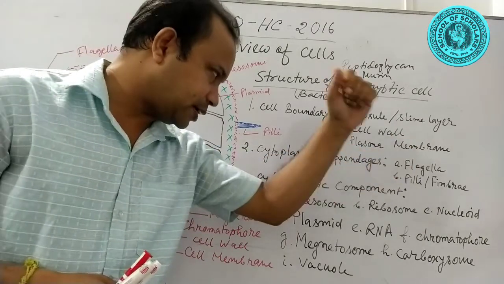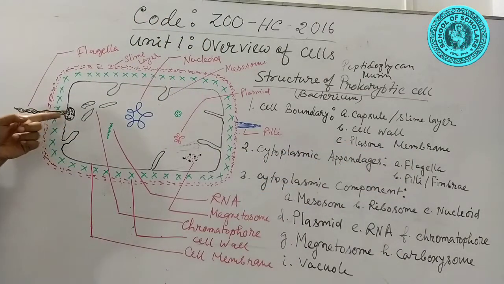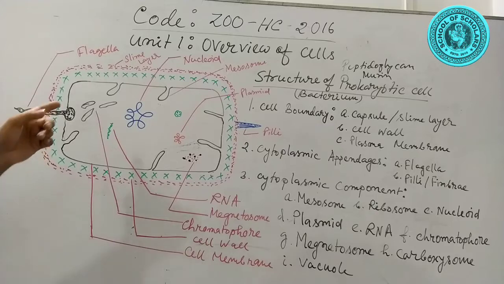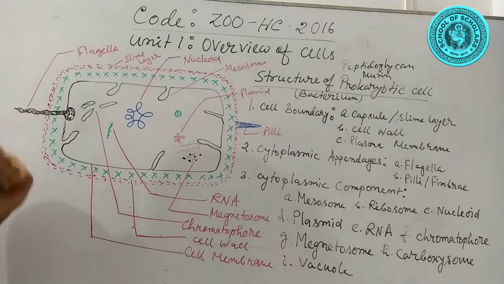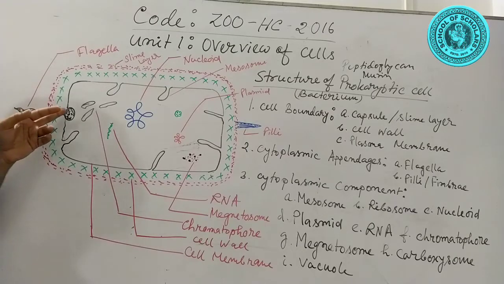At first, flagella. This is the structure of flagella, and in singular it is called flagellum. I show here only a single flagellum. If you see the structure, the flagellum is a whip-like structure. It is one kind of long whip-like structure. It is slender and of intragenic origin, that means it originates from the interior of the cell.